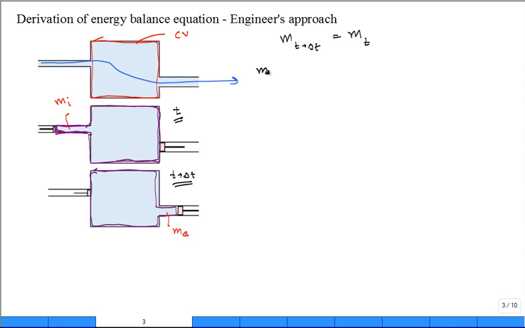It's made up of the mass that's in the control volume inside the box at time t plus delta t plus the mass that just exited. This part and that part make up the mass. It's also, if you look at the mass at time t, it's made up of the mass in the control volume at time t. That's this part, right?